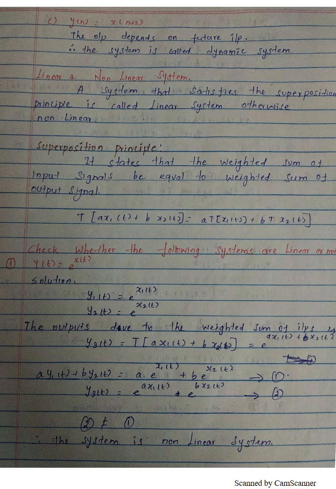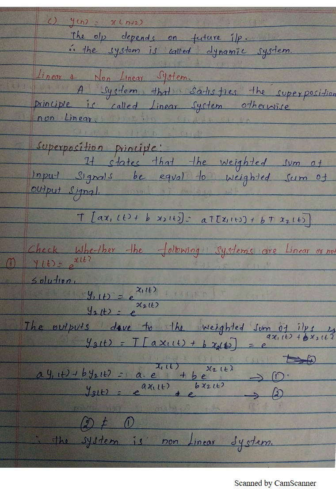The output due to the weighted sum of inputs: y3(t) = T[a1 x1(t) + b x2(t)]. This is nothing but a y1(t) + b y2(t). Include the constant a1, and I am also using the constant b here. So it is a y1(t) + b y2(t) = a e to the power x1(t) + b e to the power x2(t). This is equation number 1. Okay.